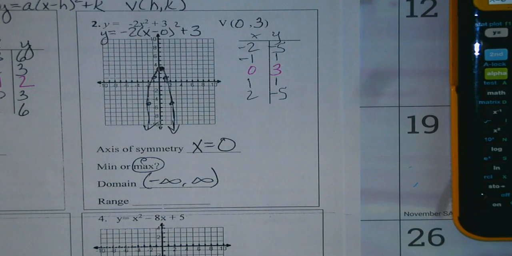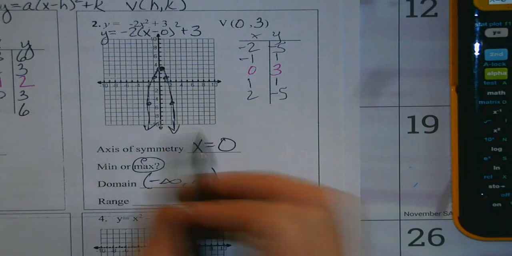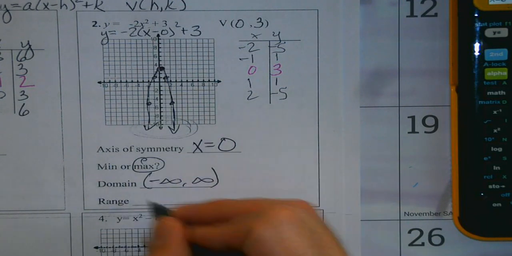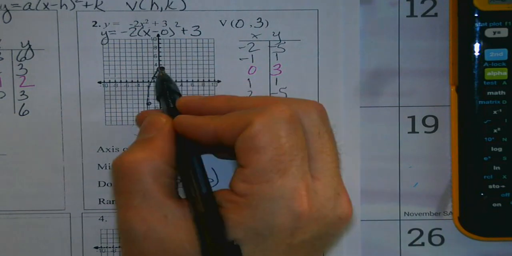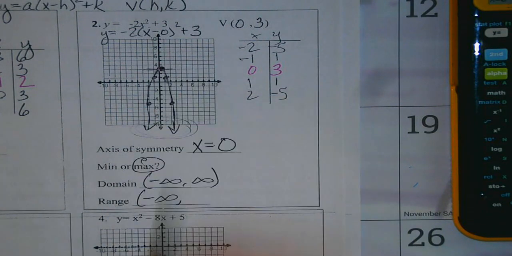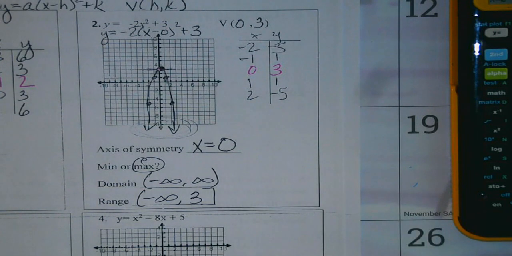Now, range, again, got to think a little bit. Bottom to top, it goes down forever. So it's going to start with negative infinity and goes to the top, which is 3.